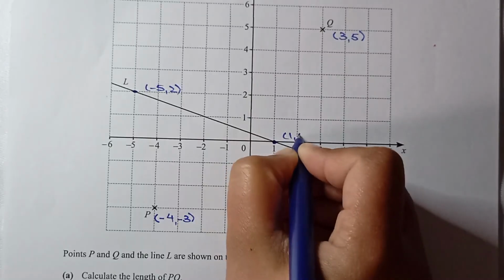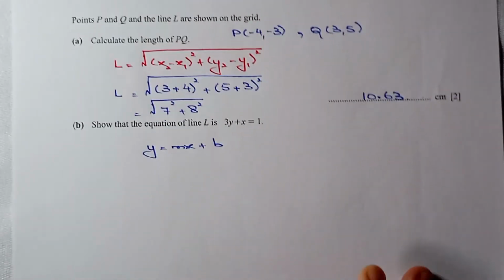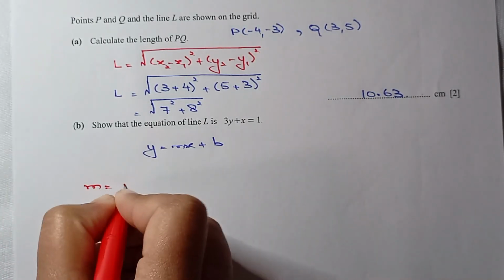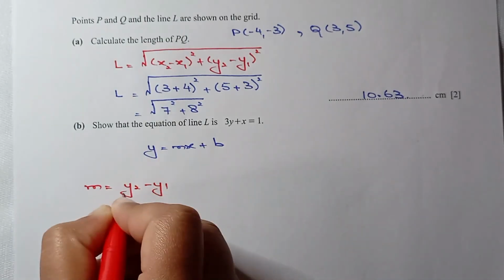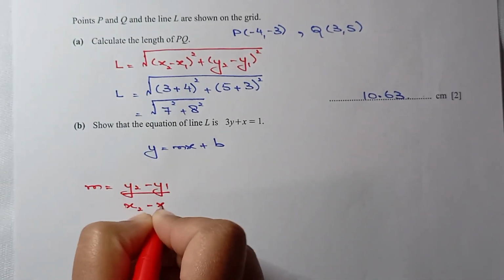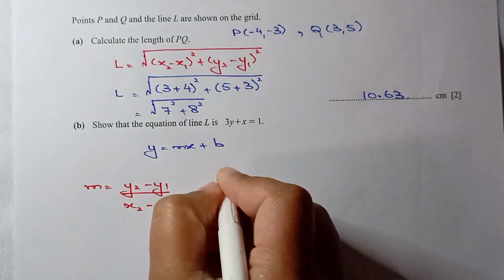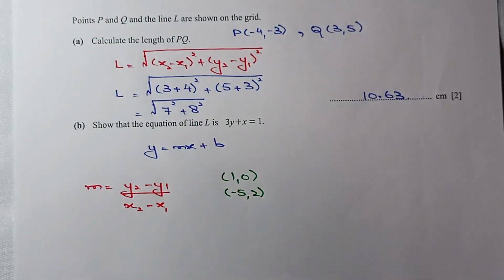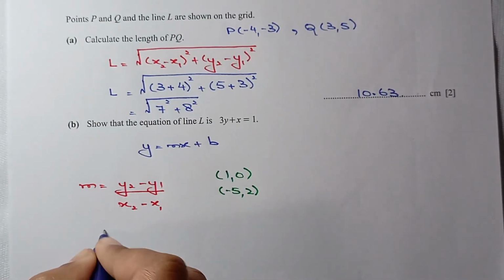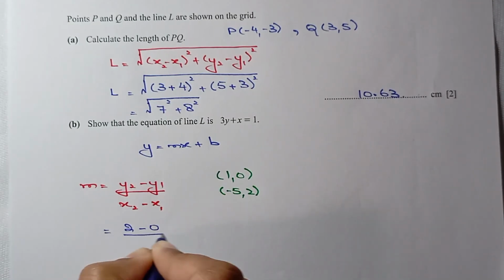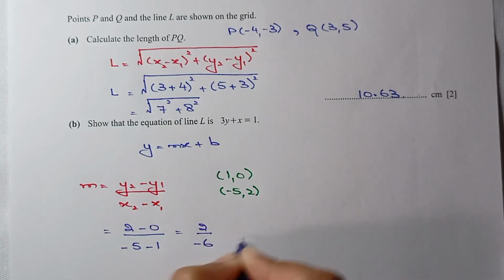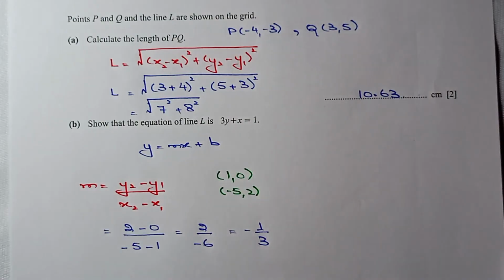The formula for the slope is y2 minus y1 over x2 minus x1. That is 2 minus 0 over -5 minus 1, which is 2 over -6, which is -1/3. So the slope of line L is -1/3.